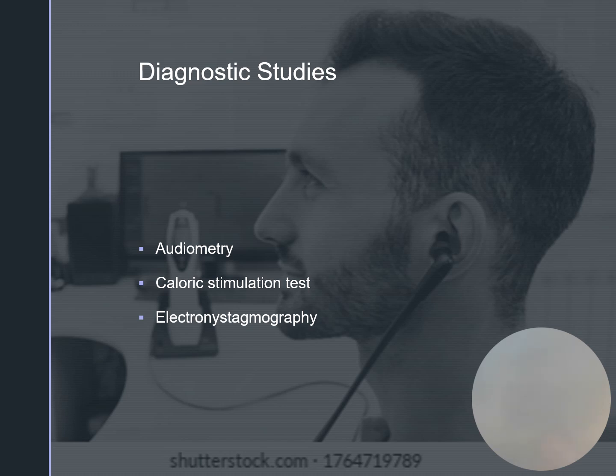We can also do a caloric stimulation test for nystagmus, which will help measure the vestibular reflexes of the inner ear. We can do electronystagmography to test vestibular function, and this would be used in conjunction with the caloric stimulation test to measure duration and velocity of eye movements during nystagmus.